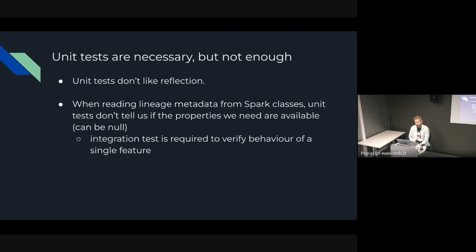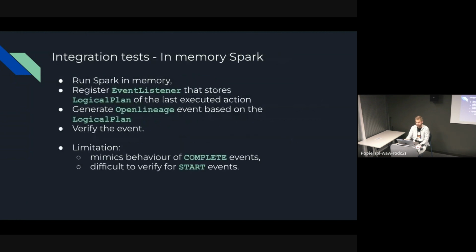And integration test is the best way to verify behavior of a single feature. By integration test, I mean something that runs real Spark, runs real data processing, and finds out if the lineage collected based on this was the one that we expected.